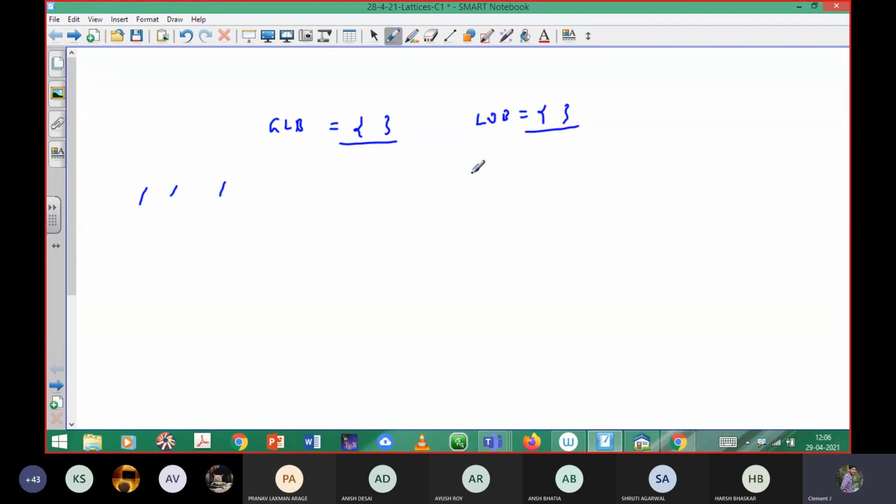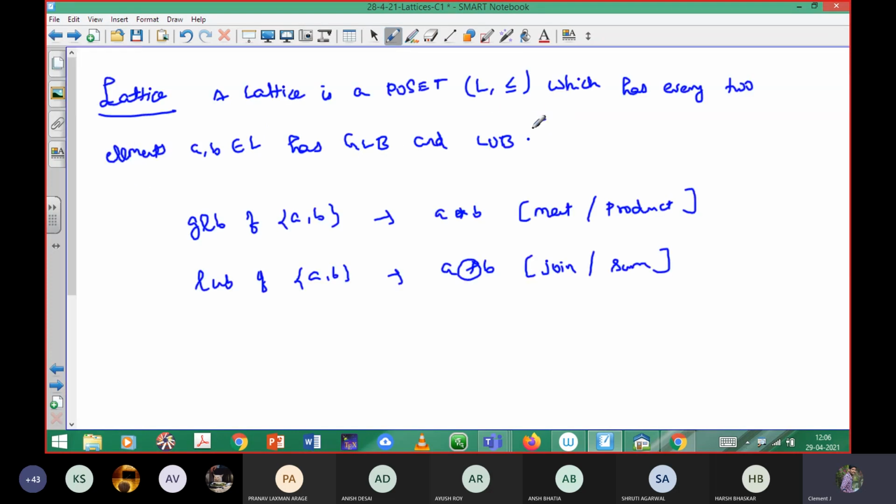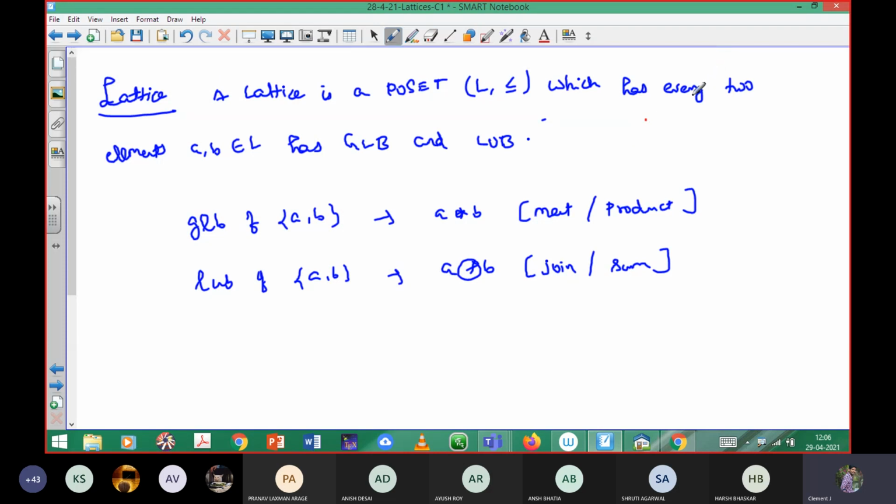Now I come back to the definition of lattices. The lattice definition says a lattice is a poset, and this is a very important line, in which every two elements have a GLB and then LUB.